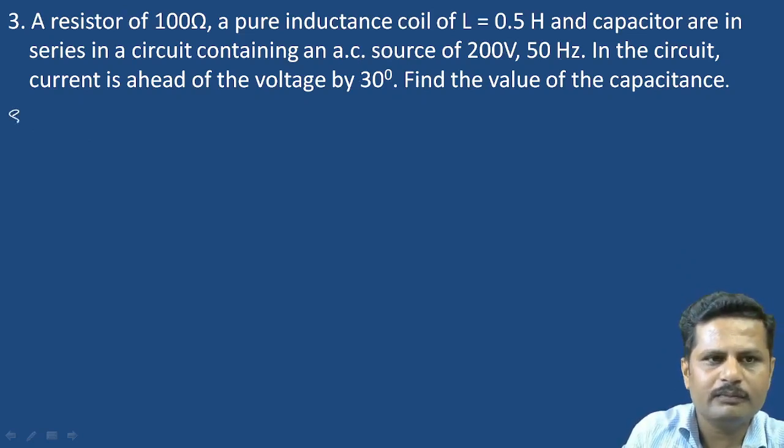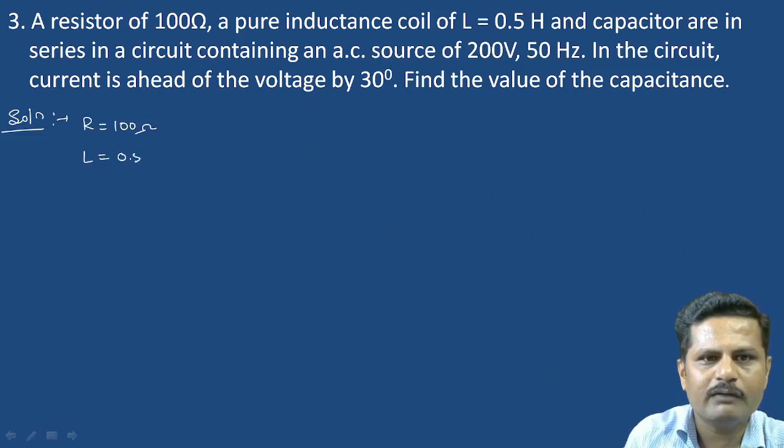So in the problem, the value of resistance is equal to 100 ohm, the inductance is 0.5 henry, the voltage of the AC source is 200 volt, and the frequency of the AC source is 50 Hz.